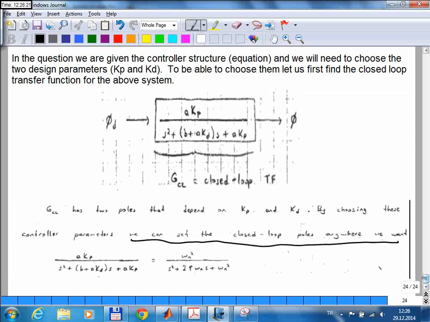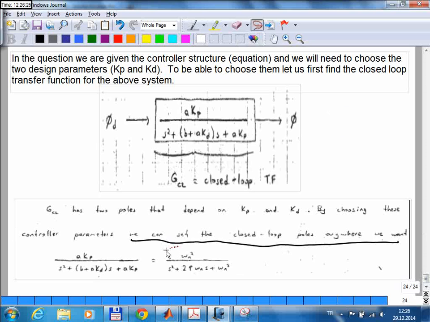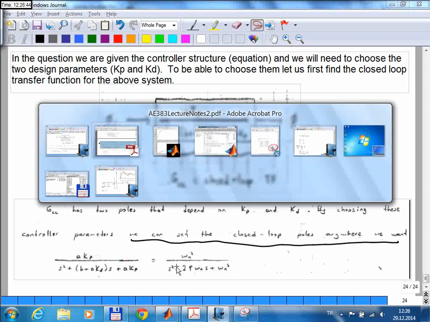So if I use polar coordinates for the second order system, I write it in this form using the natural frequency and the damping ratio. And I can solve for Kp and Kd to match any natural frequency and damping ratio I want for this system. Okay?